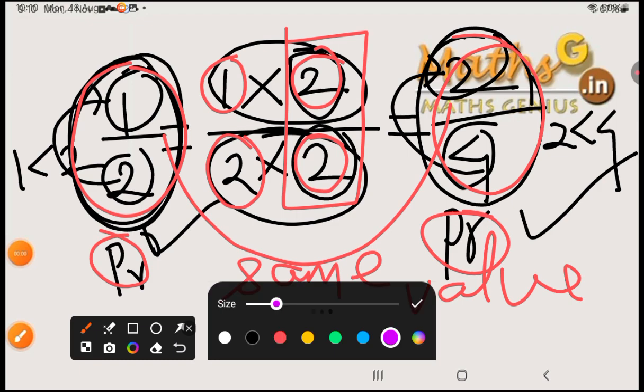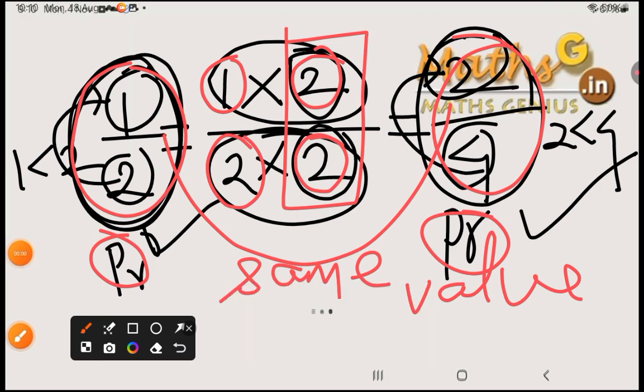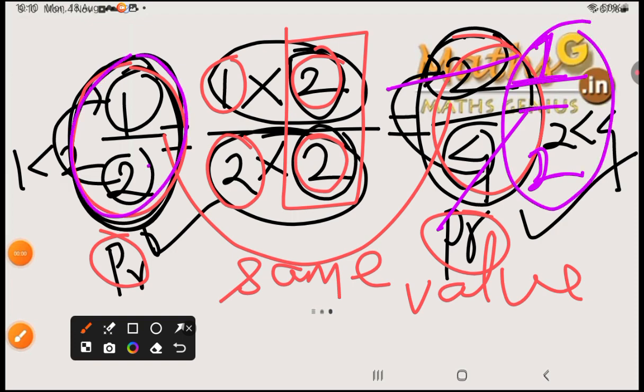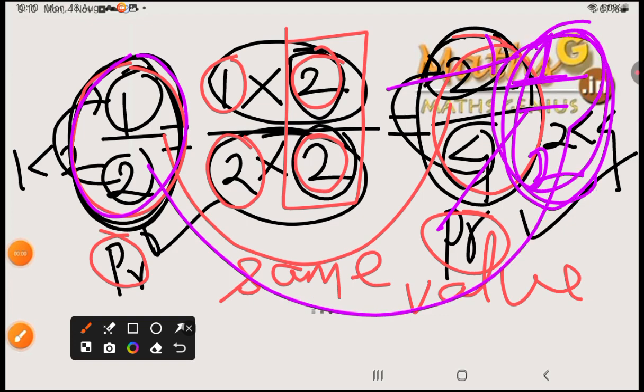Because if I divide this 2 by 2, it will become 1. Again if I divide this 4 by 2, it becomes 2. So this will become 1 by 2. So 1 by 2 is nothing but the same as 2 by 4.